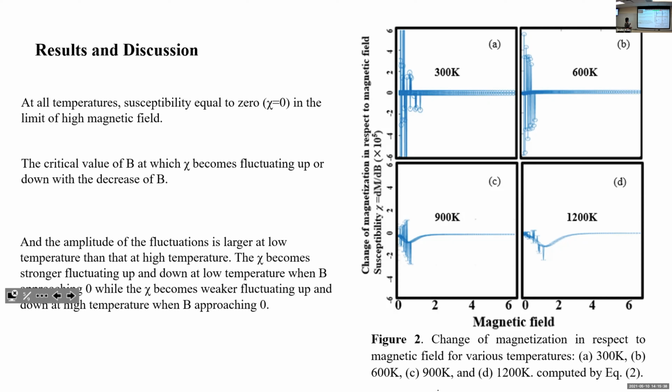At the critical value of B, the susceptibility becomes fluctuating up and down with the decrease of magnetic field. At low temperature, the susceptibility is almost one line, but at high temperature there is a peak.